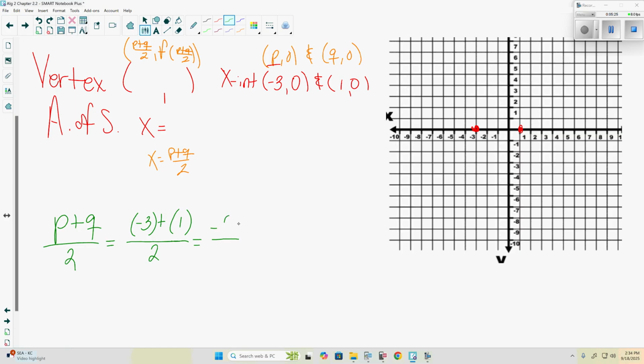That would be negative 2. And negative 2 divided by 2 is negative 1. So we can plug that value in for p plus q over 2. So the x value of the vertex is negative 1, and the axis of symmetry is x is equal to negative 1.